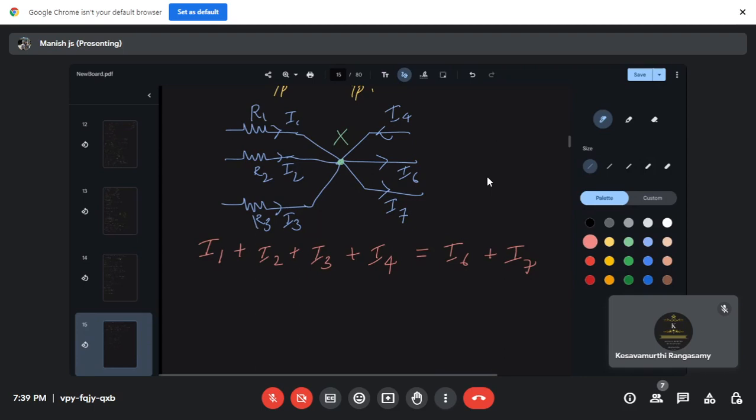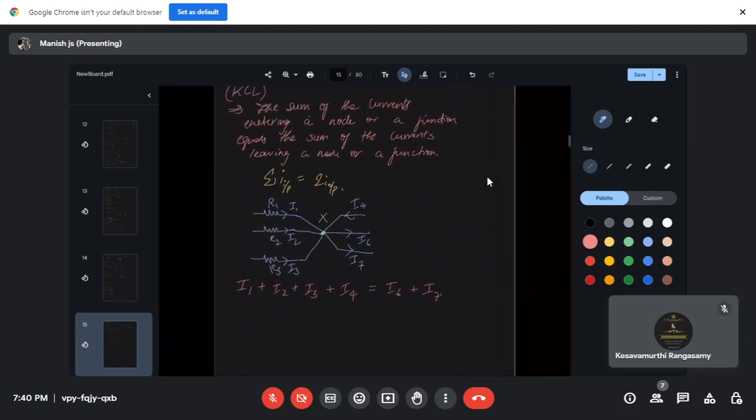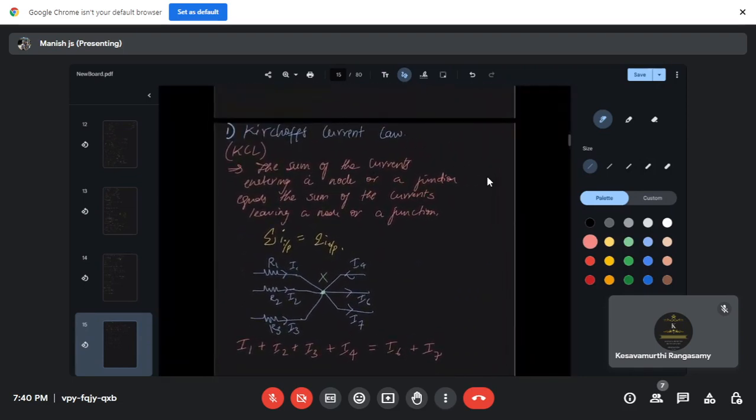Yeah, this is your Kirchhoff's current law. It is necessary whenever you find a node or junction in a particular circuit. The sum of the incoming currents is always equal to the sum of the outgoing currents. This is the first law that I have taught for the day, Kirchhoff's current law.